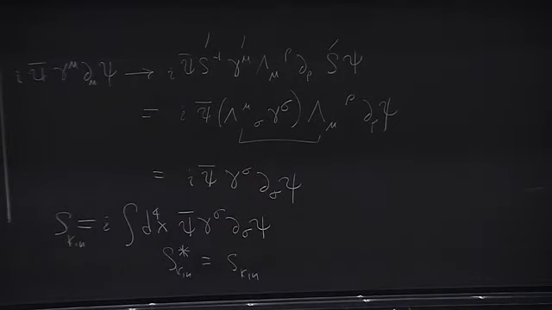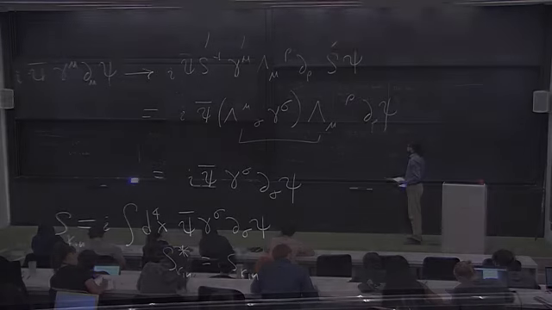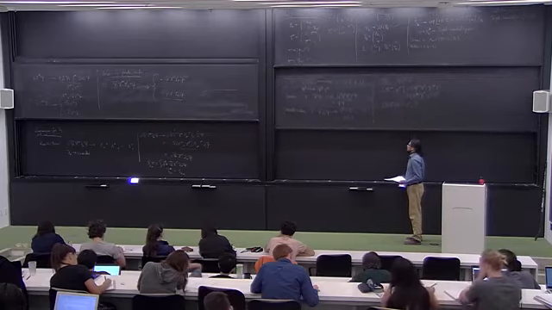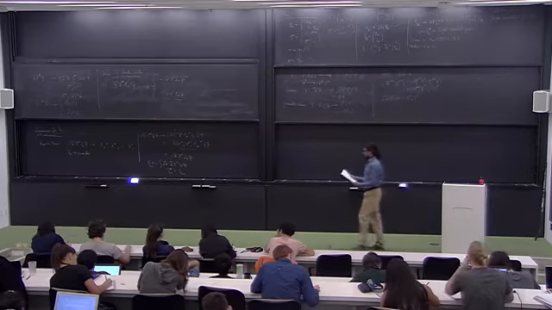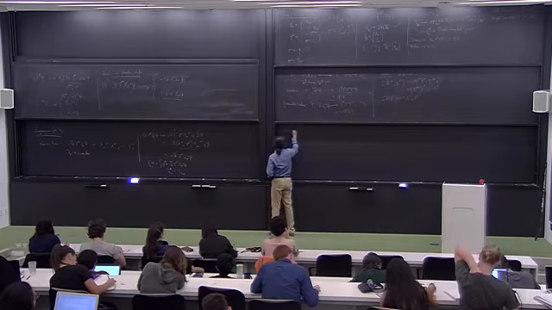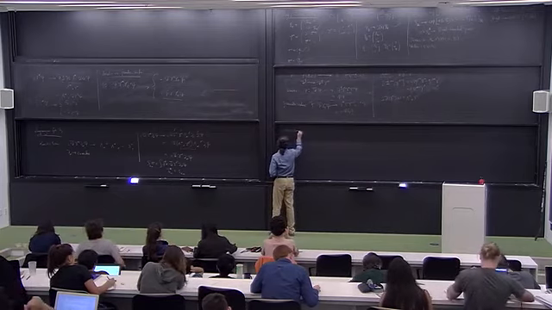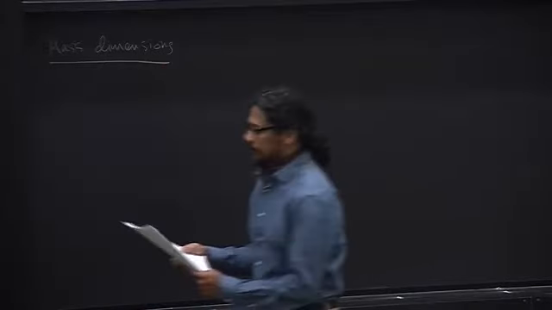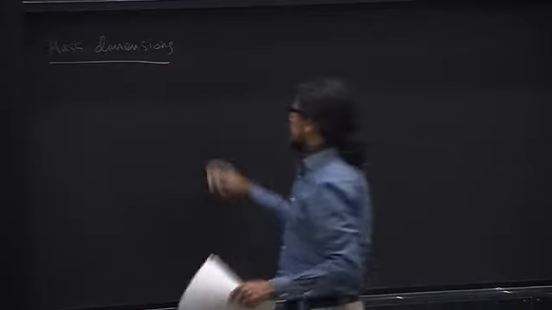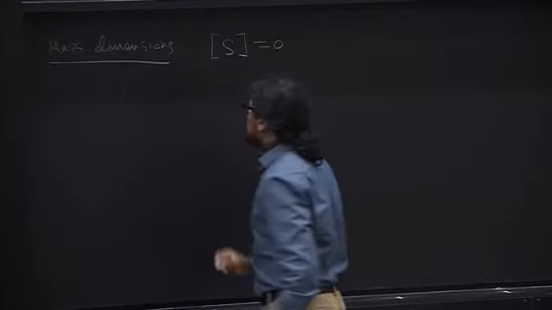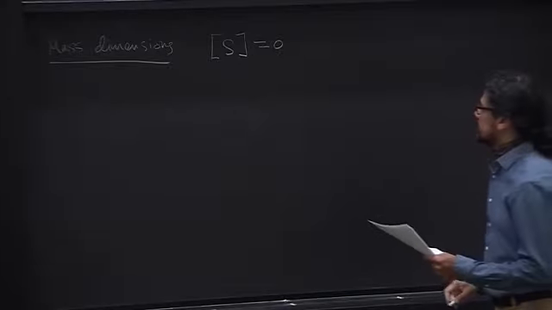All right, so next, let's talk about the mass term. Before we talk about the mass term, let's talk about the mass dimension of our Dirac spinor. As you know, in natural units, which are the units we are using, the action is dimensionless.